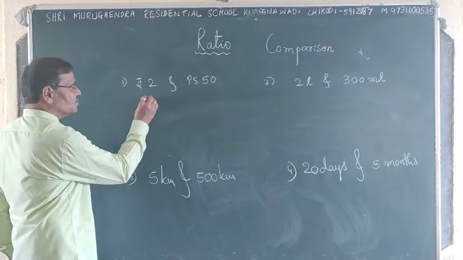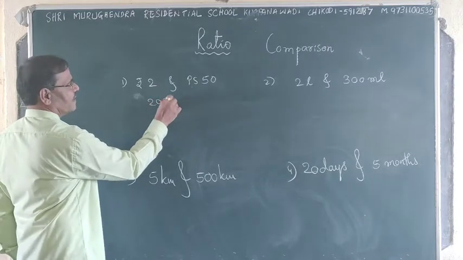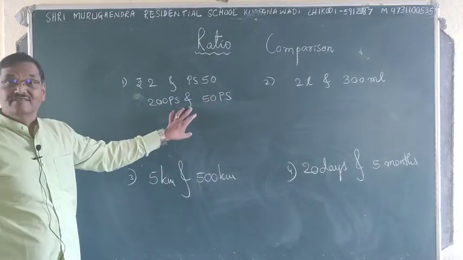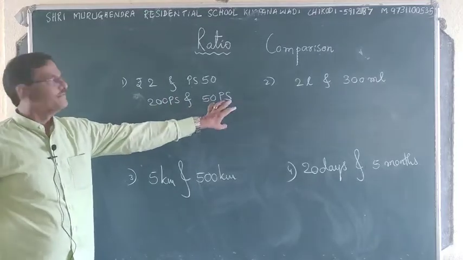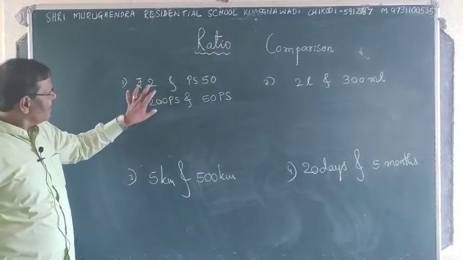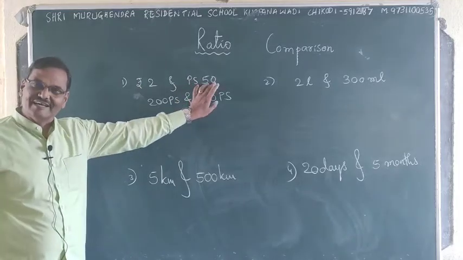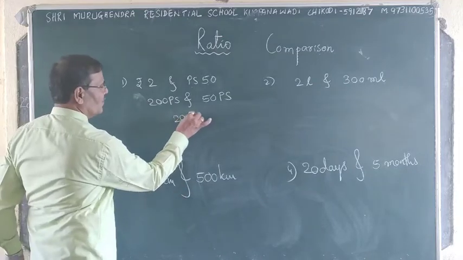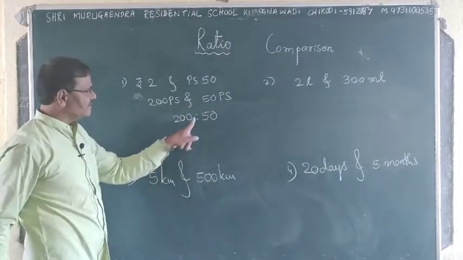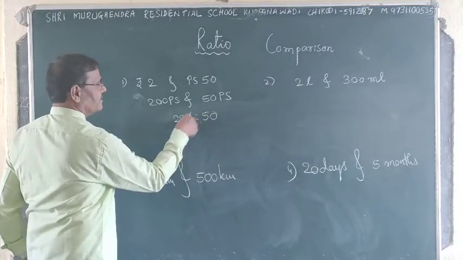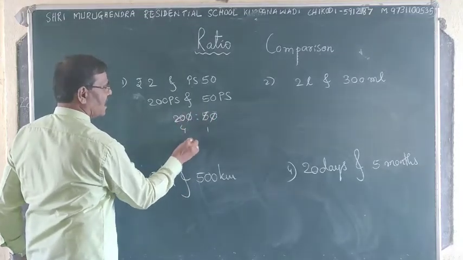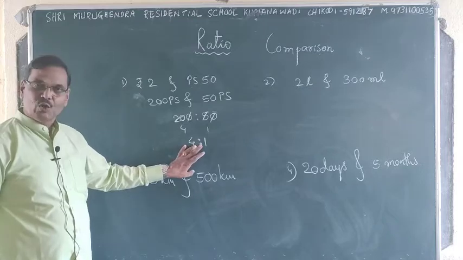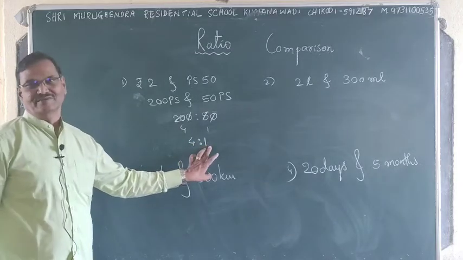Where "and" is there, explanation is required; rupees and paisa is explained here. This 2 rupees means 200 paisa, and this is 50 paisa. When you remove this explanation, you go for the ratio sign. 200 is to 50, 0, 0 cancelled, 5 ones are 5, 5 fours are 20, so 4:1. If Radha has 4 rupees, then Krishna will have 1 rupee.